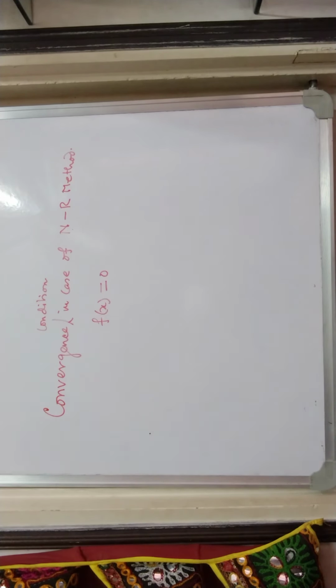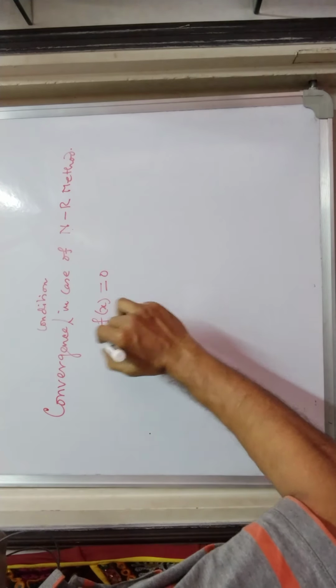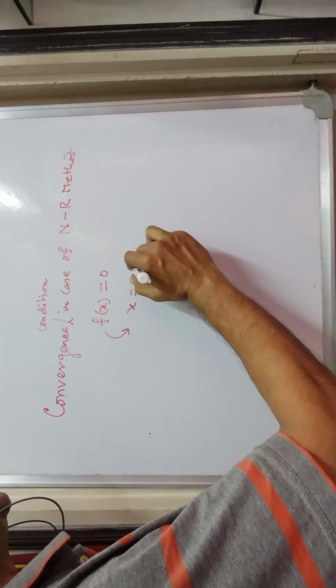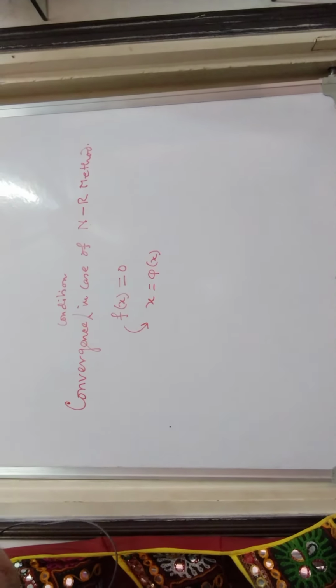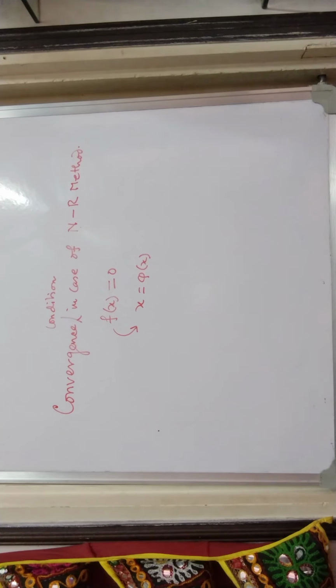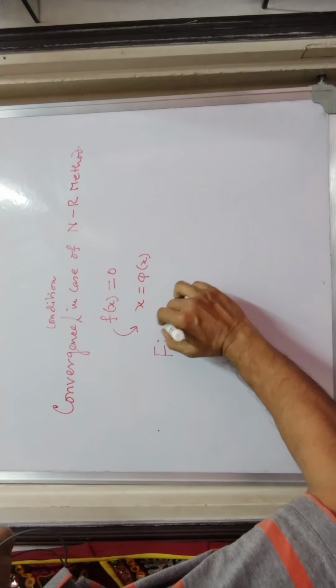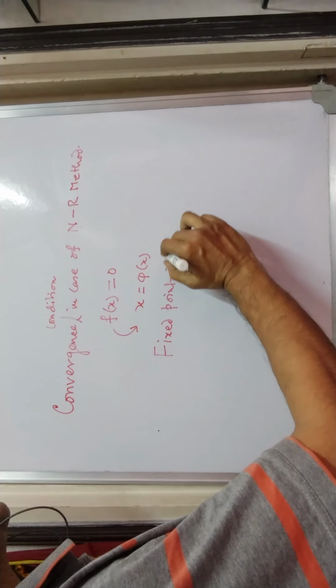First of all, let us illustrate that this form of equation may easily be converted as x equal to phi(x), which is urgently required to illustrate the fixed point iteration method.